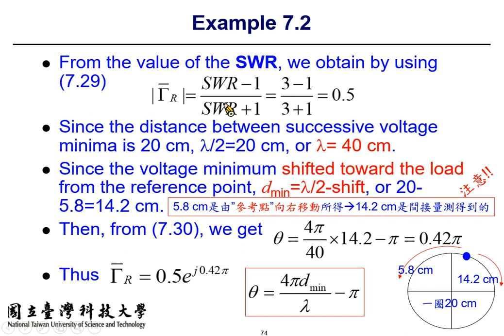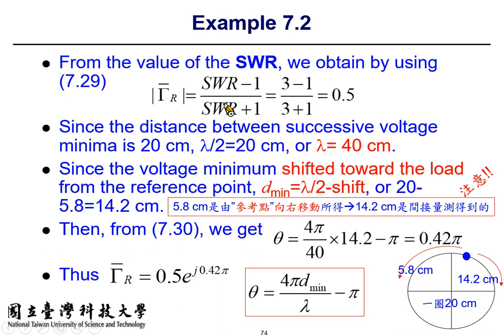Now, if the reflection coefficient on the complex plane moves from right to left on the transmission line, it shall follow a locus clockwise. On the other hand, if it moves counterclockwise, then it moves from left to right.